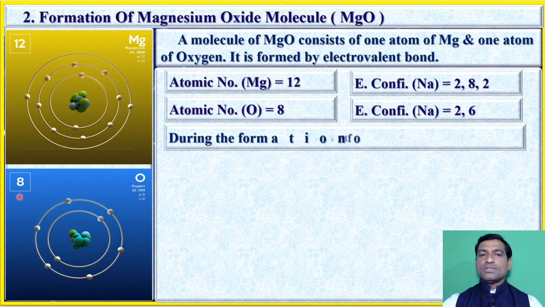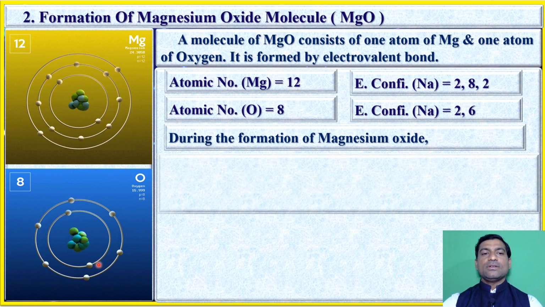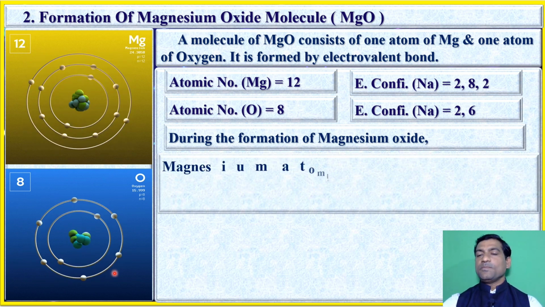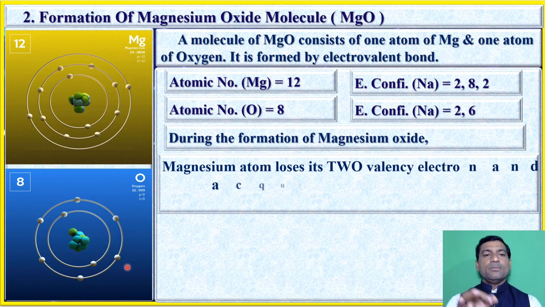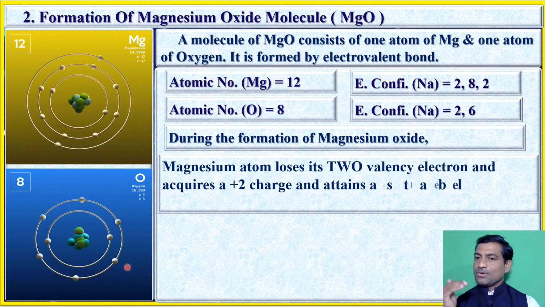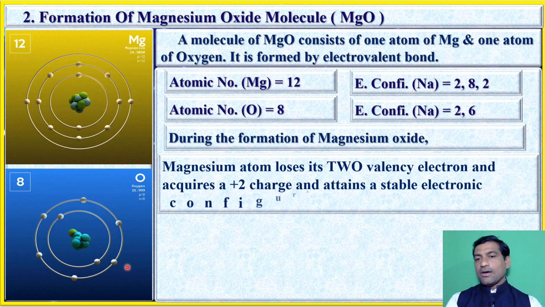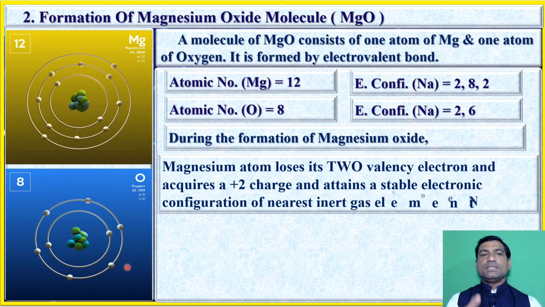See here the oxygen. The atomic number of oxygen is 8. The first orbit contains the 2 electrons and second orbit contains the 6 electrons. It requires 2 electrons to complete its outermost orbit, so the magnesium can donate the 2 electrons and oxygen can accept the 2 electrons. They become stable.